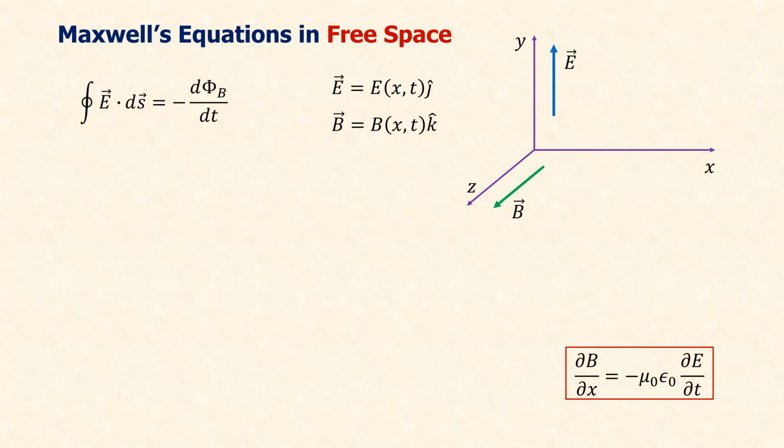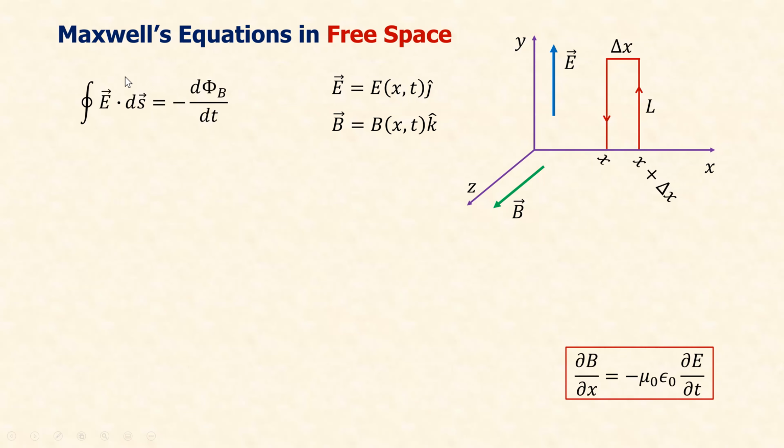For the other equation to give us a meaningful result, we need to consider this loop. The first equation gives us 0 for this one, and the second gives us 0 for the other loop, so we apply it to this one. Again, this starts from x, ends at x plus delta x, and has a length L and width delta x.